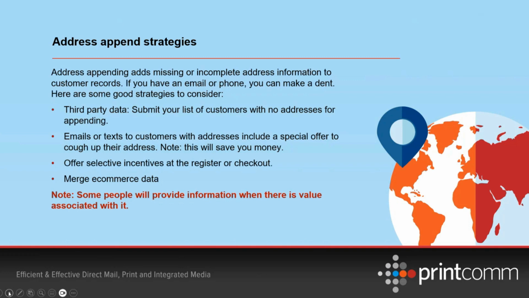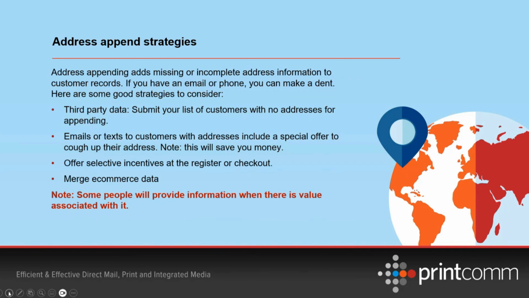But what if you did a variable data email or text that gave them $1 off a next purchase, just to the people you don't have the addresses for, or a $5 or $10 off offer after you do the math I talked about before, where you contemplate margin cannibalization times frequency. A $5, $10, $20 offer might end up being a really cheap date to get them to cough up that information.